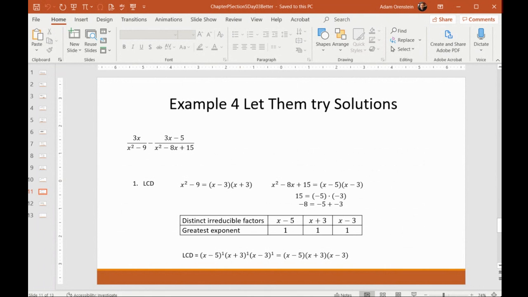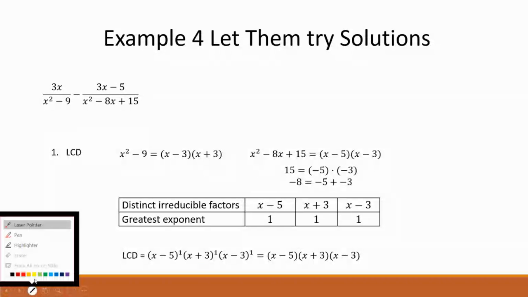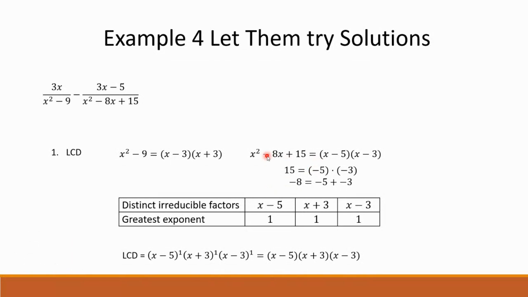Now for the other one, the x squared minus 8x plus 15. Again, here we have a trinomial, degree 2, leading coefficient 1. So we want two numbers whose product is the constant term, and whose sum is the coefficient of x, as you can see.